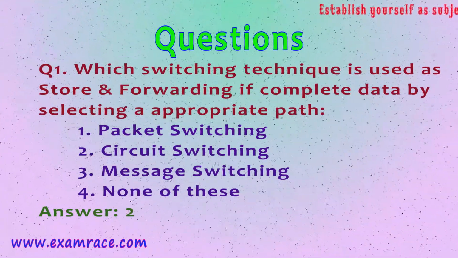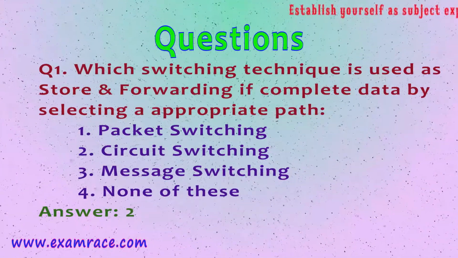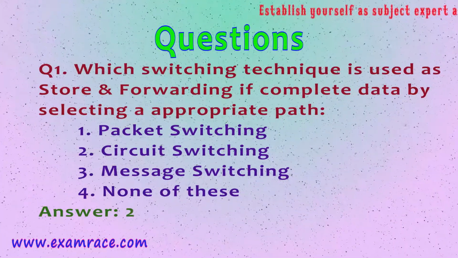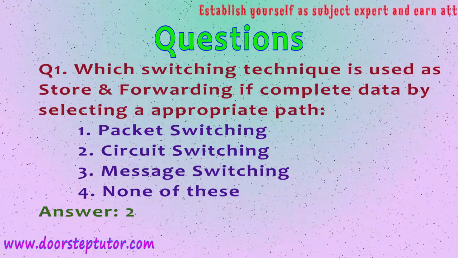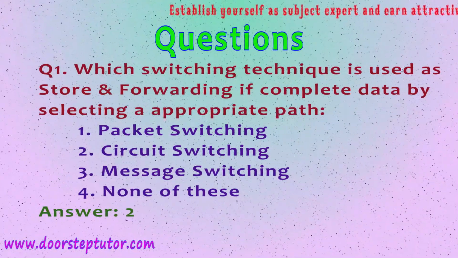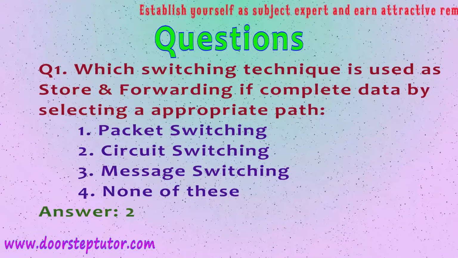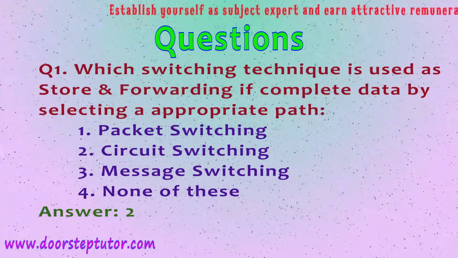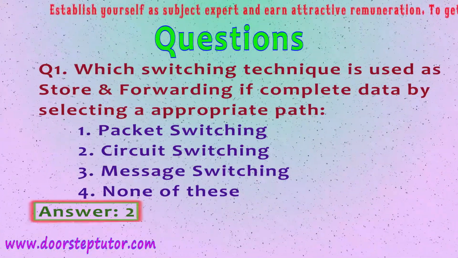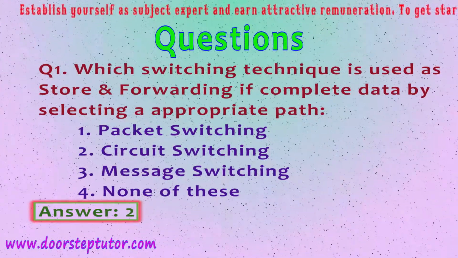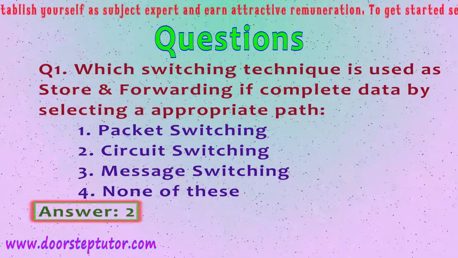Complete data is stored and forwarded in which of the following switching techniques? The options are: first, packet switching; second, circuit switching; third, message switching; fourth, none of these. So what is the answer? The answer is option number 3.